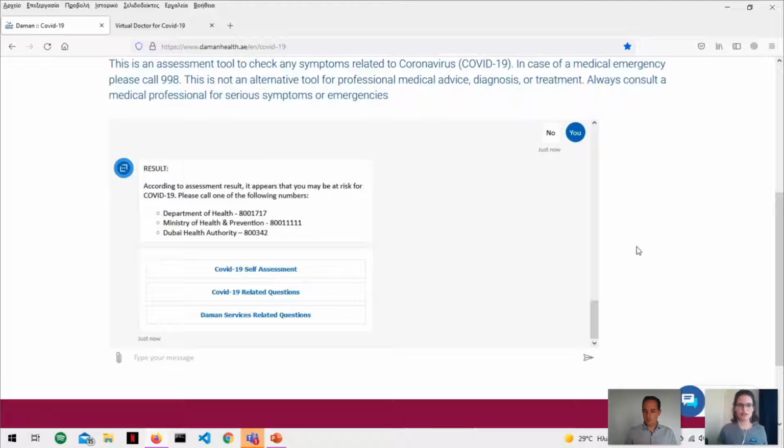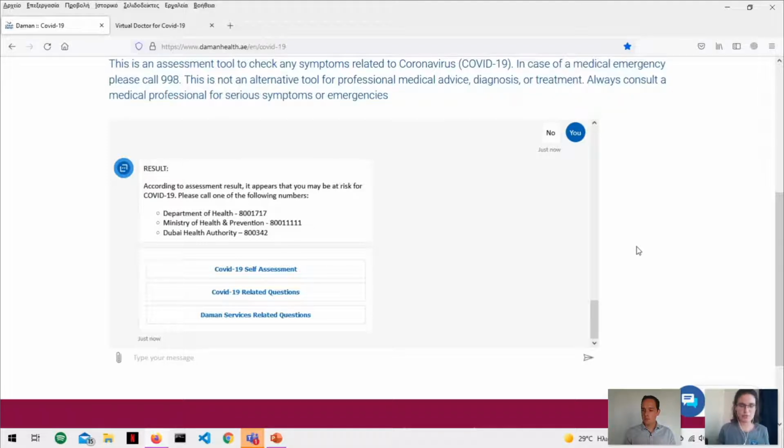And we have our result that states that it appears that you may be at risk for COVID-19, and then the bot redirects us to other accurate information centers, like the numbers of the Department of Health, the Ministry of Health and Prevention, and the Dubai Health Authority, so that we find out what the next steps are going to be and get accurate information about coronavirus and generally about health issues.